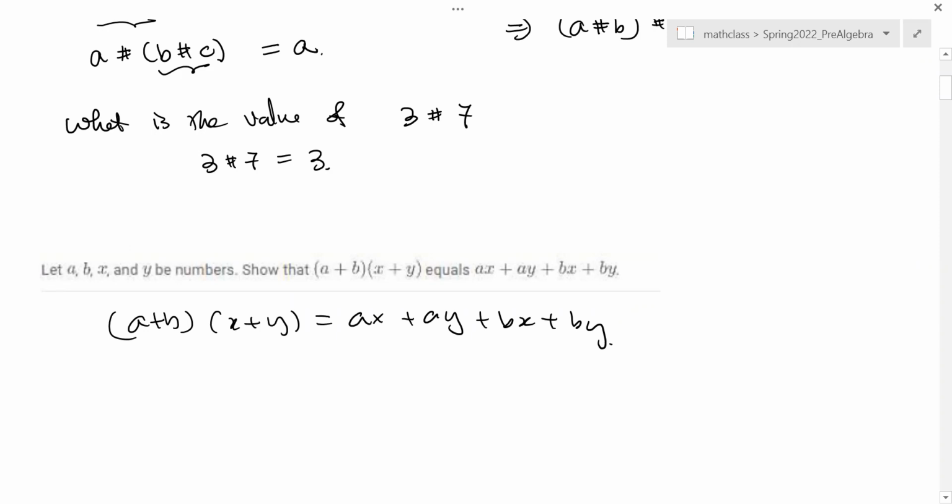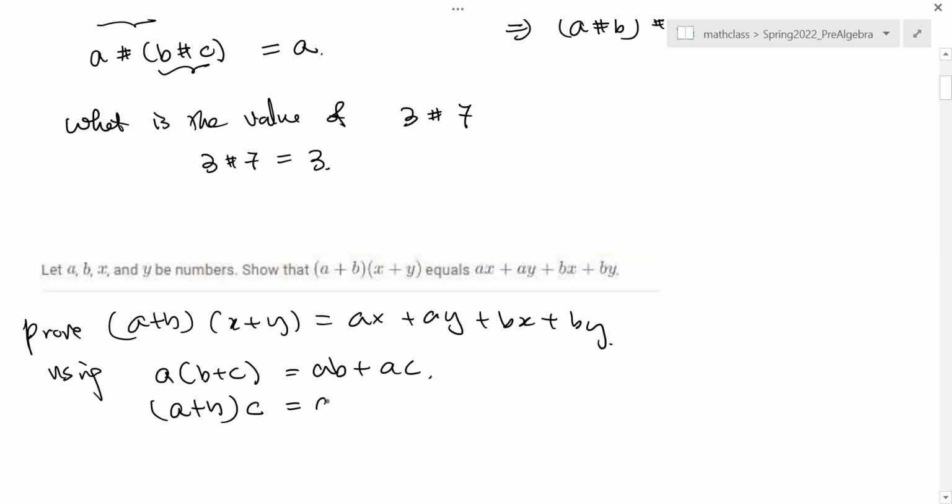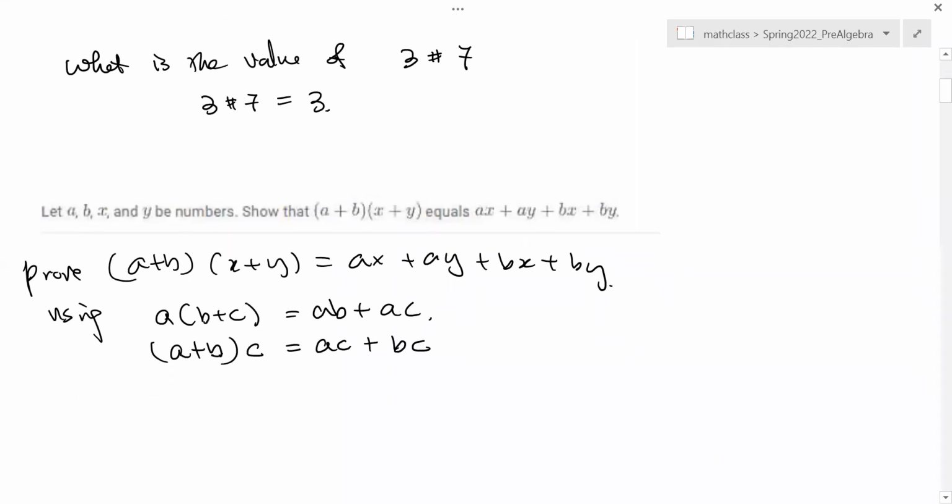So we're going to apply some formulas mentioned in the book. In other words, we're going to use some identity like a(b plus c) is ab plus ac. Another formula is (a plus b) times c is going to be ac plus bc. Those are the two formulas we're going to use.